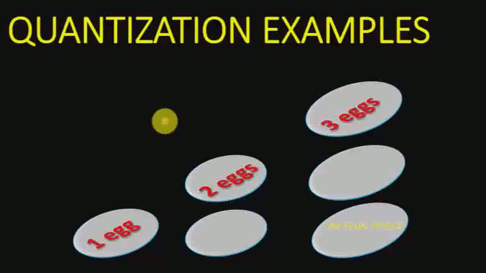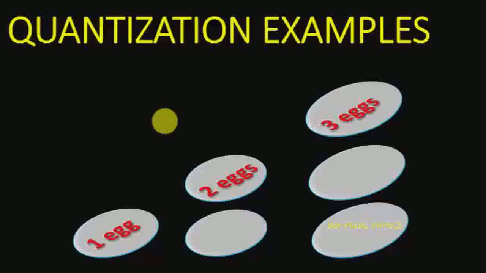We cannot buy 1.5 apples or 3.7 apples, because apples are quantized in nature. They are not available in a continuous form. So the existence of a quantity in a discrete or discontinuous way is called quantization.